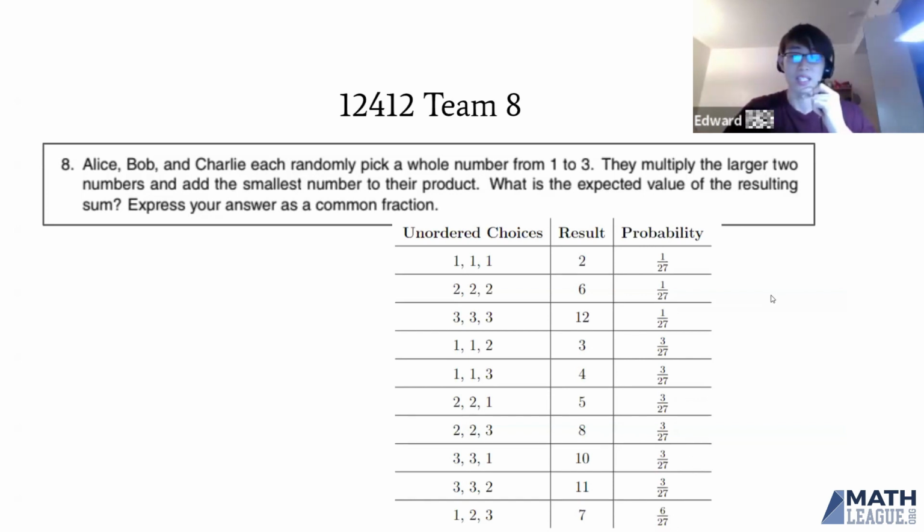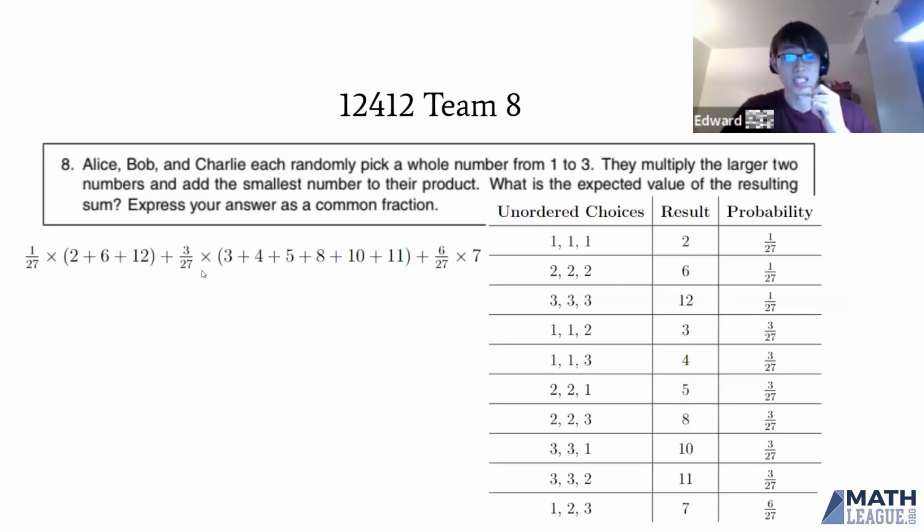Now that we have this table, the expected value is the sum of the products of the results and the probabilities. In each row, we multiply the result and the probability. For example, the first row is 2 over 27, the second row is 6 over 27, and so on. Then we add them all up to find the expected value. When we factor out the probabilities, we can group them together based on what their probabilities are.